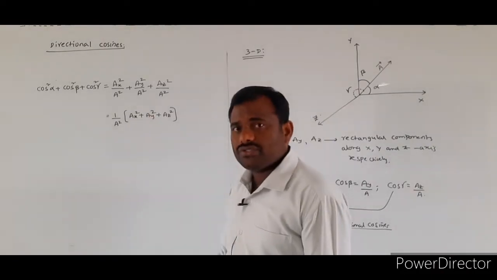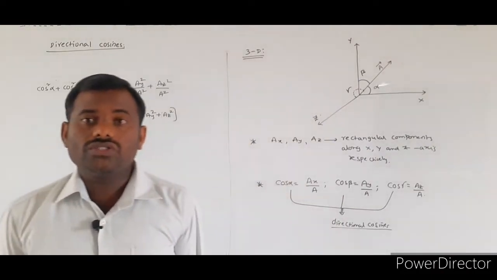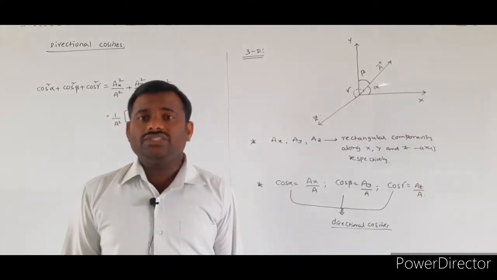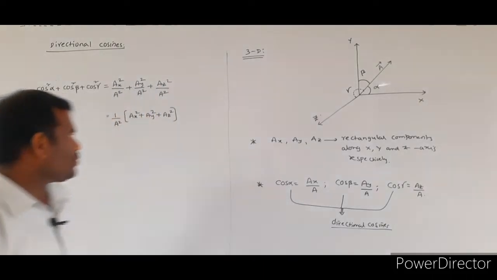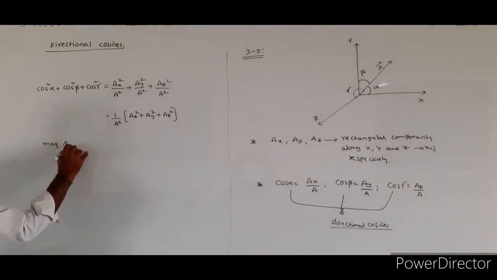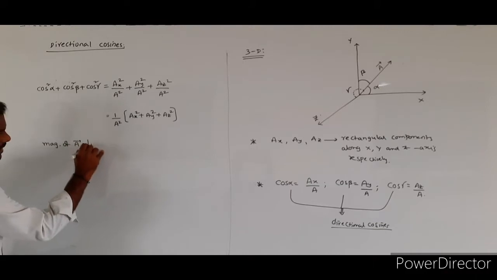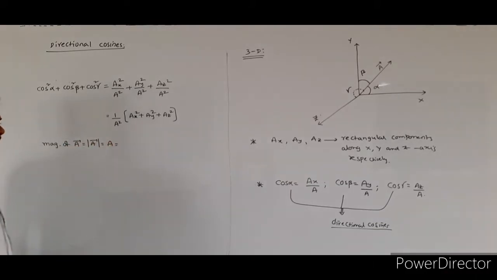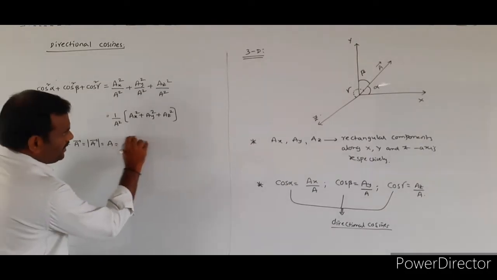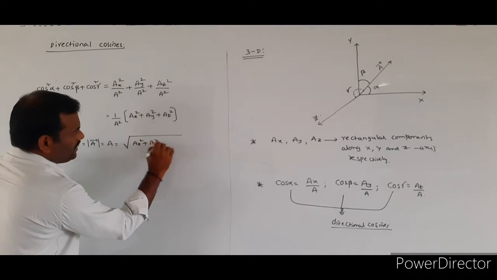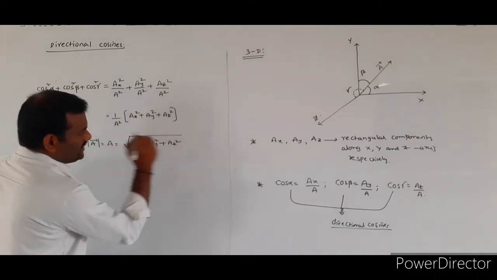What does a denote? A denotes the magnitude of the given vector a bar. The magnitude of a bar we already calculated. Magnitude of a bar, which is equal to modulus a bar, that is equal to capital A, and its formula is under root of ax square plus ay square plus az square.